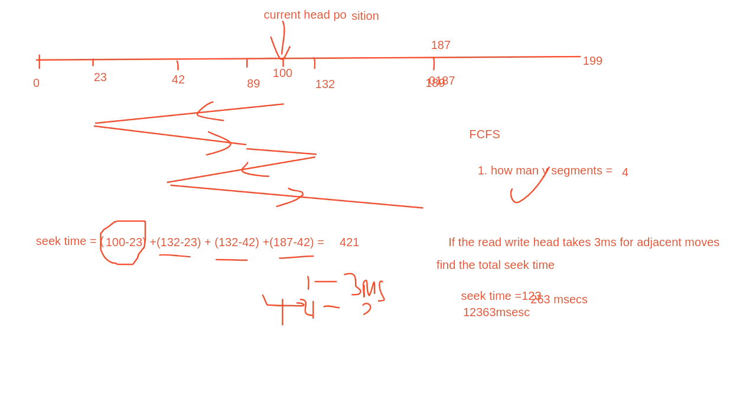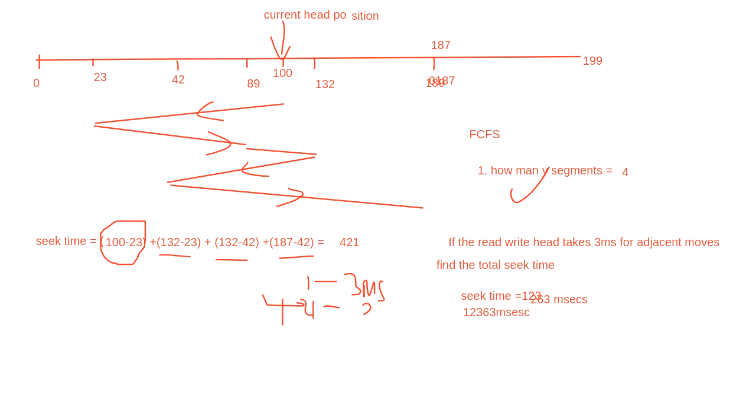So this is about the first come first serve algorithm. Now you see there is one problem in FCFS. What is the problem? Look here. When I go from 100 to 23, it would be better if I first complete all the requests on the left hand side and then come to the right hand side, or first complete all the requests from the right hand side and then the left hand side.